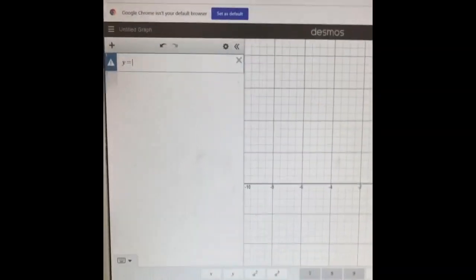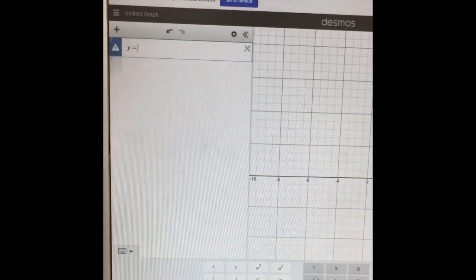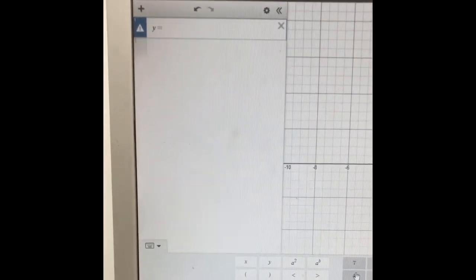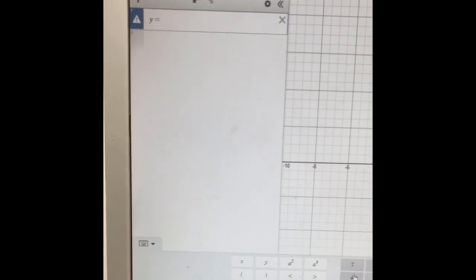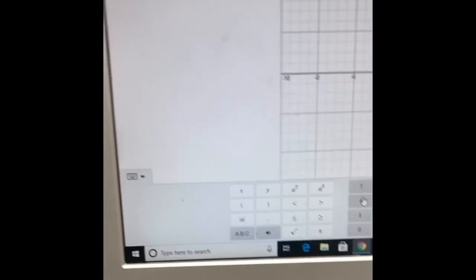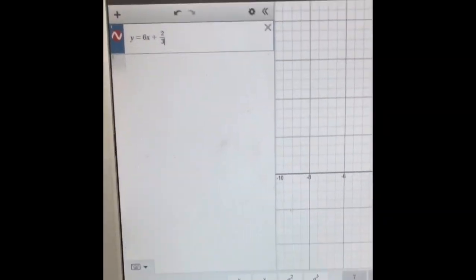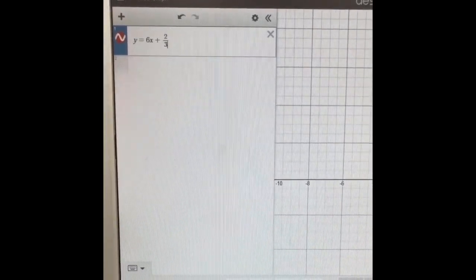Another way is by graphing it to determine whether they are actually inverse functions or not, to see whether we did it correctly. So I'm going to graph these. My original equation was y equals, and I want the top part to stay on top. If I typed 6x plus 2 and then hit divided by 3, the only thing that got divided by 3 was the 2.